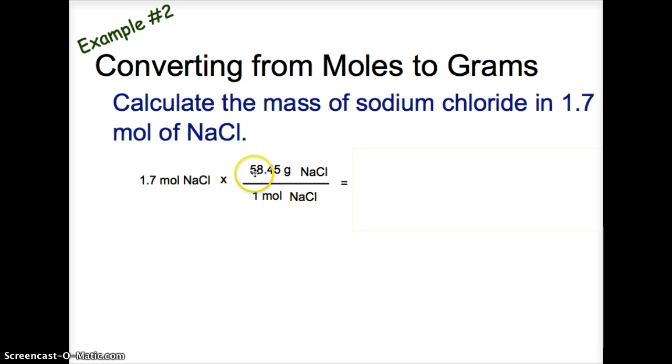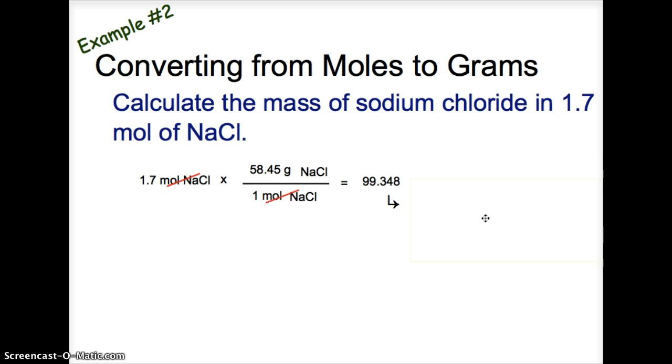That is the molar mass of sodium chloride. Again, you put the 1 mole in the bottom because you want that mole of NaCl to cancel the numerator mole of NaCl that you were given in your problem.